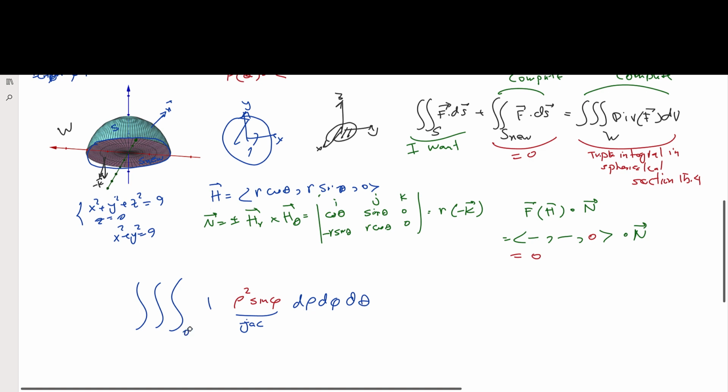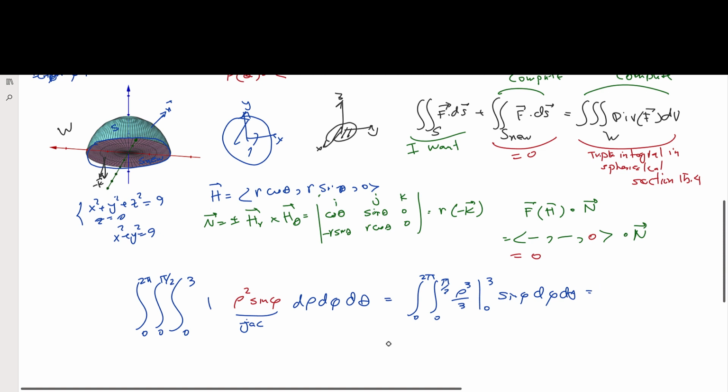Rho runs from 0 to 3. Phi starts from 0 and goes to the xy plane, 0 to pi half. Theta goes from 0 to 2 pi. Let's do the integral. Rho becomes rho cubed over 3, from 0 to 3, and then I have 0 to pi half, 0 to 2 pi, times sine of phi, d phi, d theta.